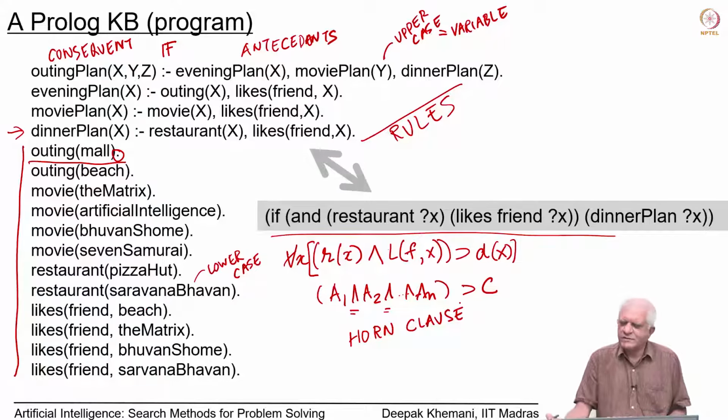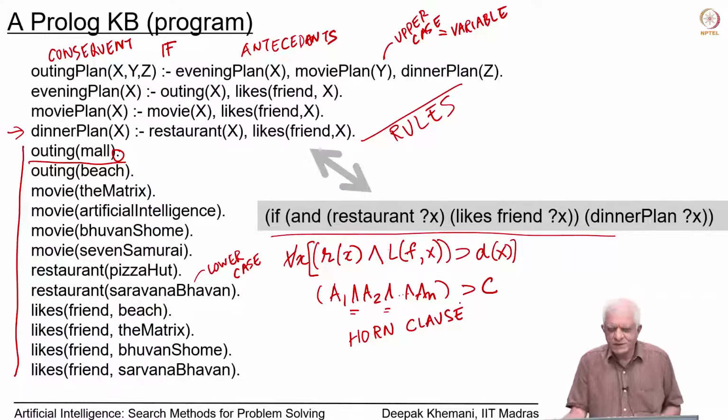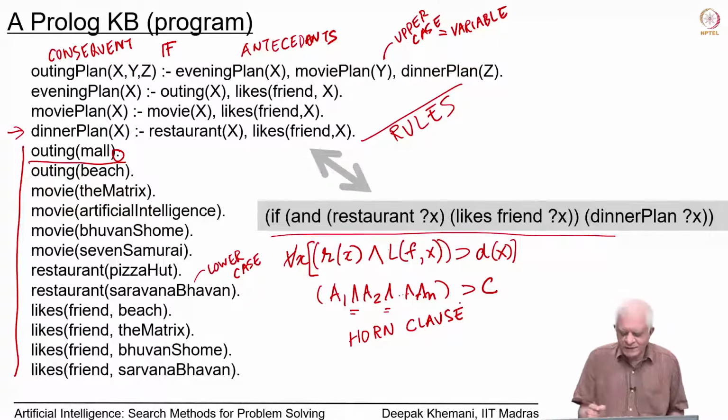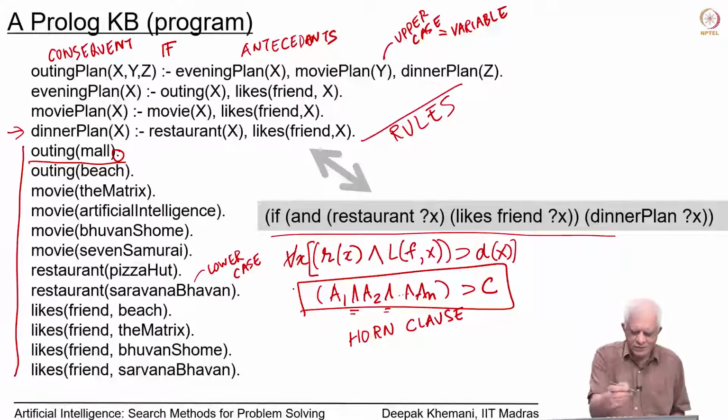So, Prolog uses Horn clause logic. Alfred Horn was one of the persons who worked on this aspect of logic, and so they are named after him. So, Prolog has two kinds of statements. Either they are Horn clauses, which are statements like this, as you can see 4 statements on the top here, or they are facts, which are also called Horn clauses, because the left hand side can be empty essentially.